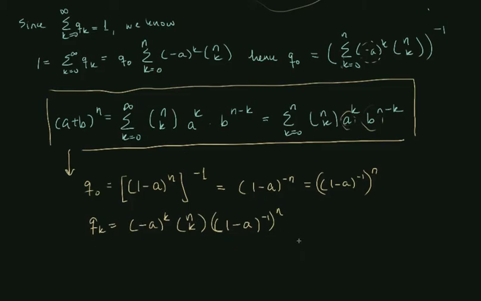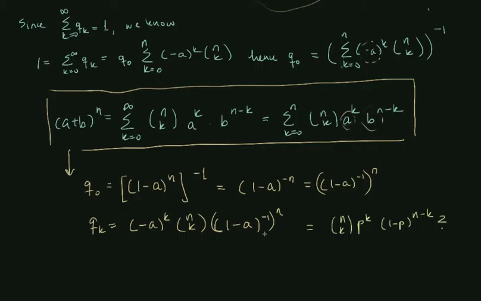So we're trying to figure out how we can write this in the shape of something that has to do with n choose k, p to the k, 1 minus p to the n minus k. Can we do something like that? That is our main question now.